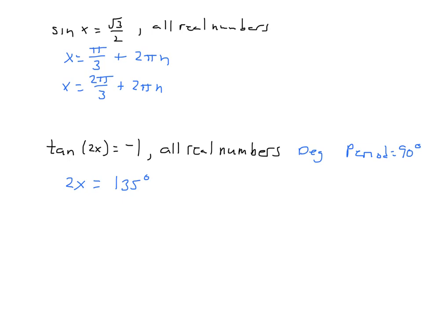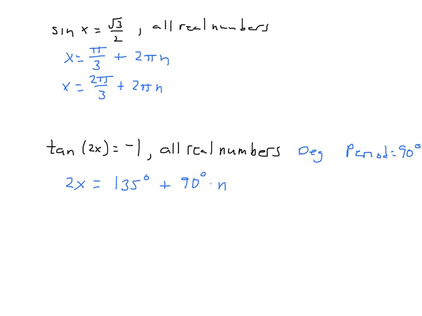Now, because we want all real numbers, I need to do plus that 90 degrees times n. That will give me every angle that will give me a tangent of -1 here.